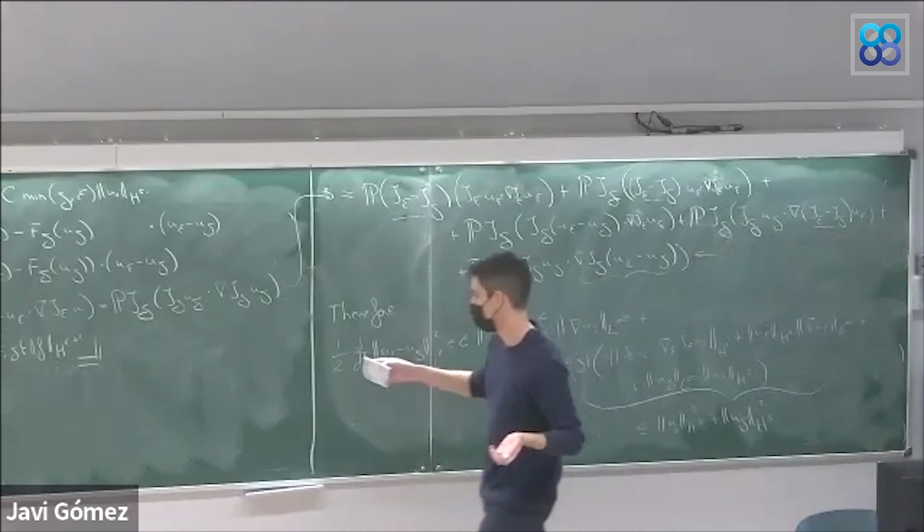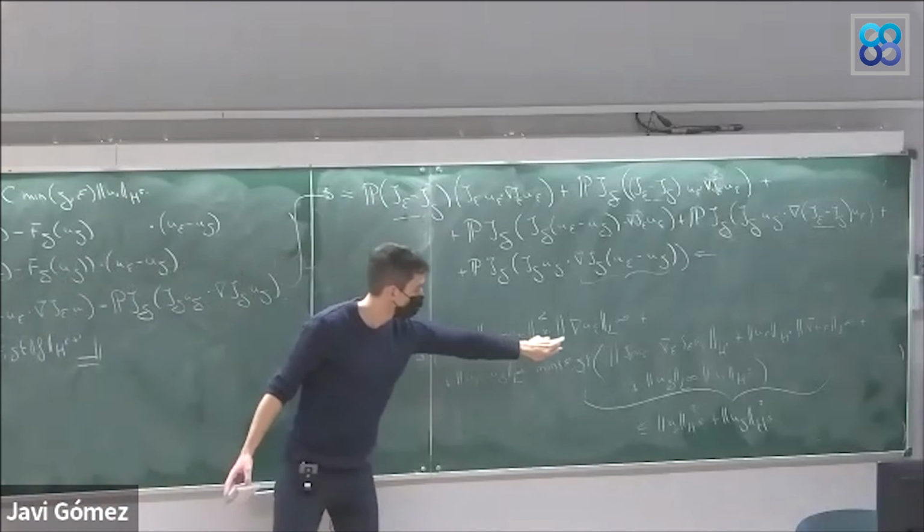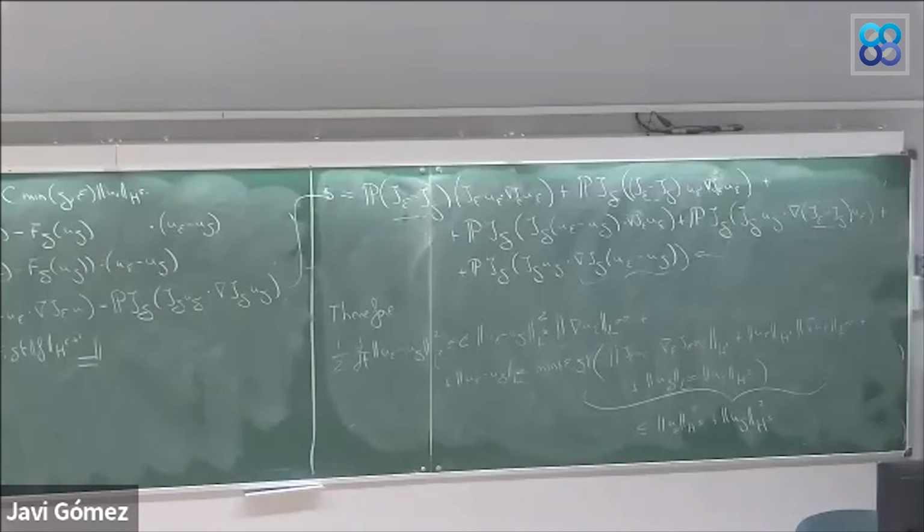Yeah, and we are basically done. We can now use Gronwall. So let me just write the final statement. We have that this is less or equal to some constant. This was bounded by the initial data, so this is just some constant, plus the minimum of epsilon delta.